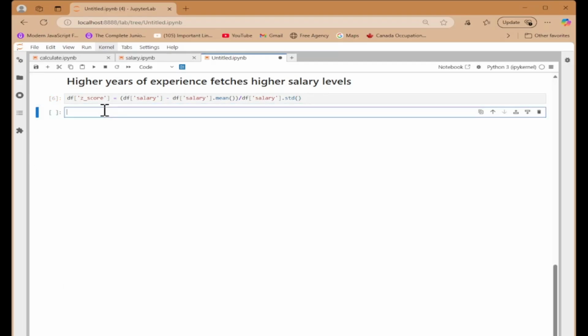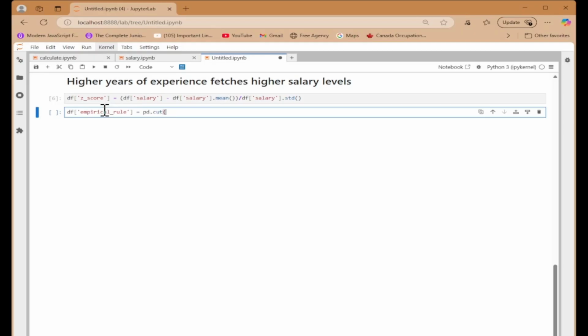Okay, now let's go ahead and calculate this empirical rule. df empirical rule is what we are going to calculate, equals pd dot cut. You see the cut method of pandas?